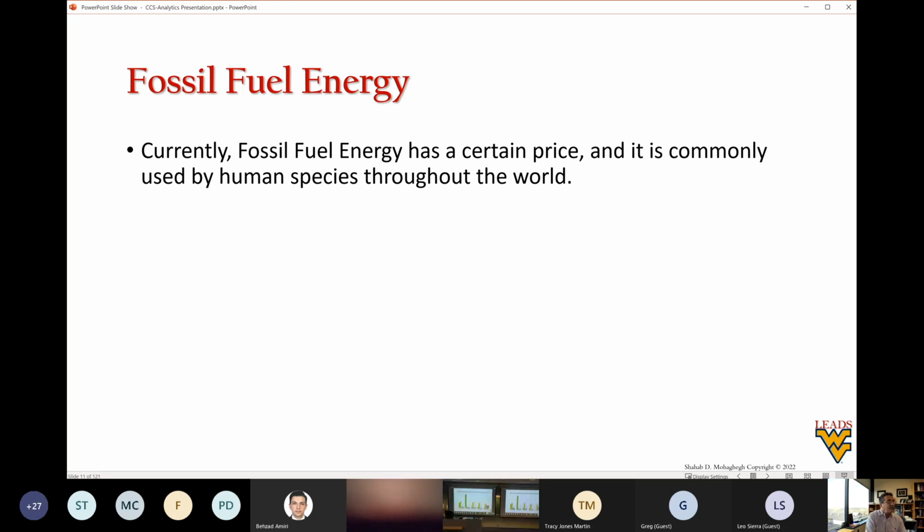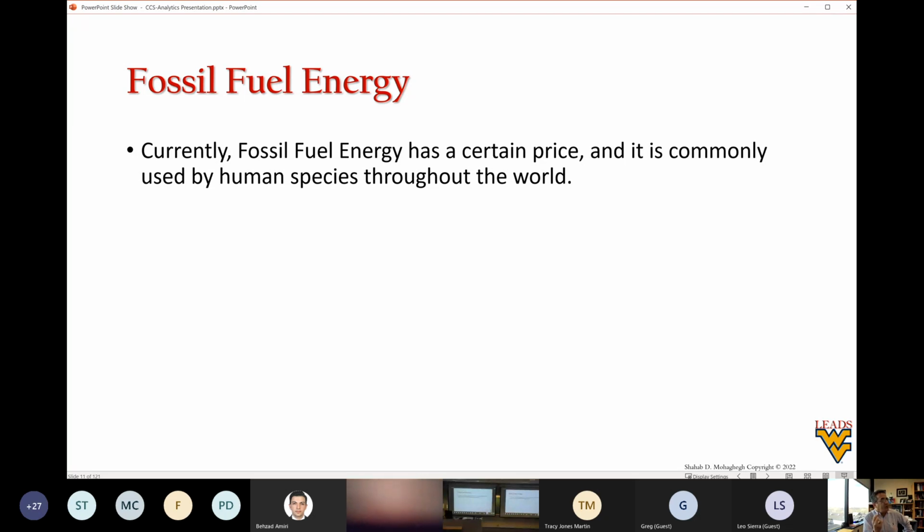So currently, fossil fuel energy has a certain price. Now I'm going to talk about literally why we should do what we're doing, which is CO2 capture and storage. Think about this. Currently, fossil fuel energy has a certain price, right?